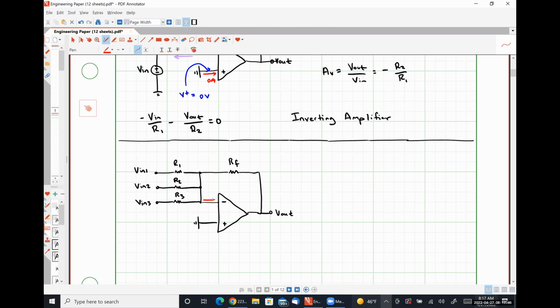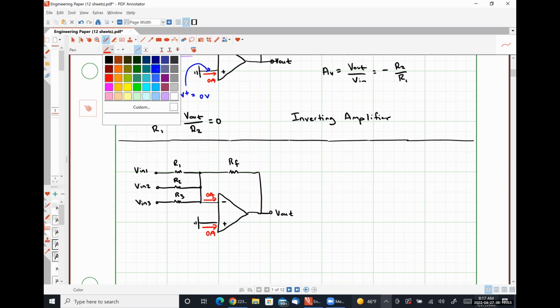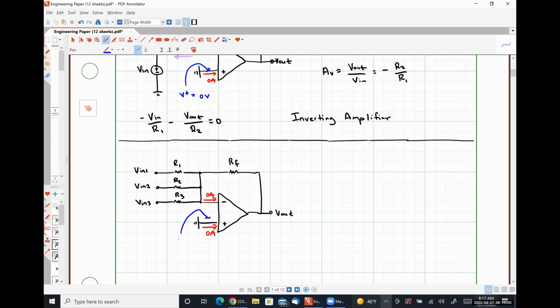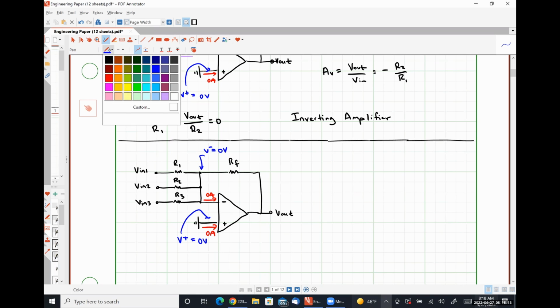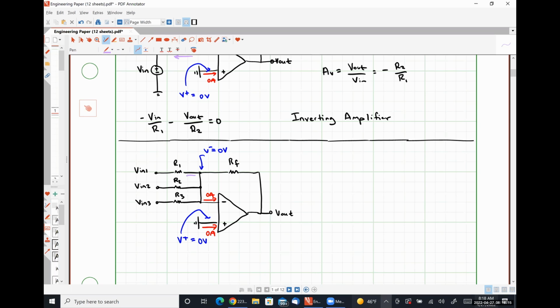All right, so applying op-amp rule number 1, we have 0 amps flowing into or out of our input terminals. Voltage present at the non-inverting input is 0, which means the voltage present here at the inverting input terminal must also be 0 volts. And now I'm going to apply KCL and add this current plus this current plus this current plus this current together.